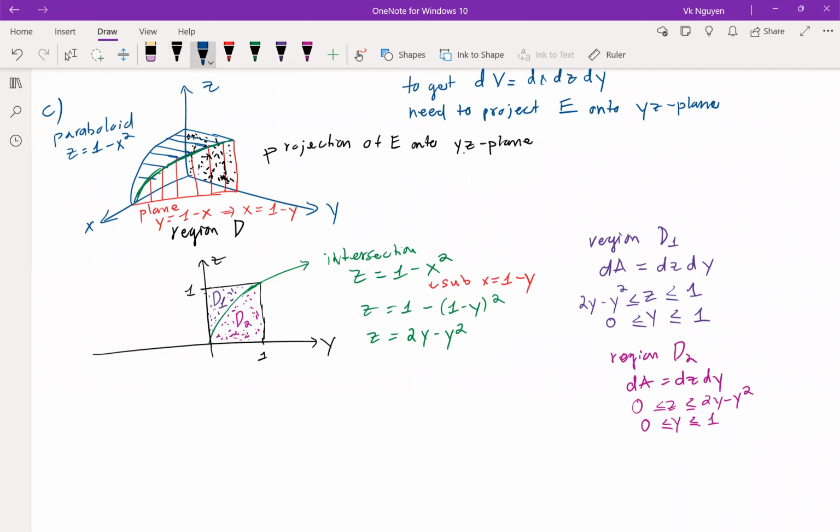Here comes the volume: 1, dx dz dy. I'm just going to do the setup here, and then there's another one. Let me put it a little bit out so I can make more room.